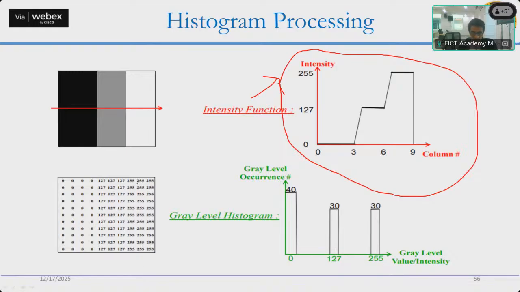How many 255s are there? It is this one. Based on the intensity, we can draw the histogram. Absolutely, because intensity is the independent parameter. When intensity is given, on the x-axis it is the intensity, and on the y-axis it is the count of that intensity, that is, how many such intensities are present in an image.